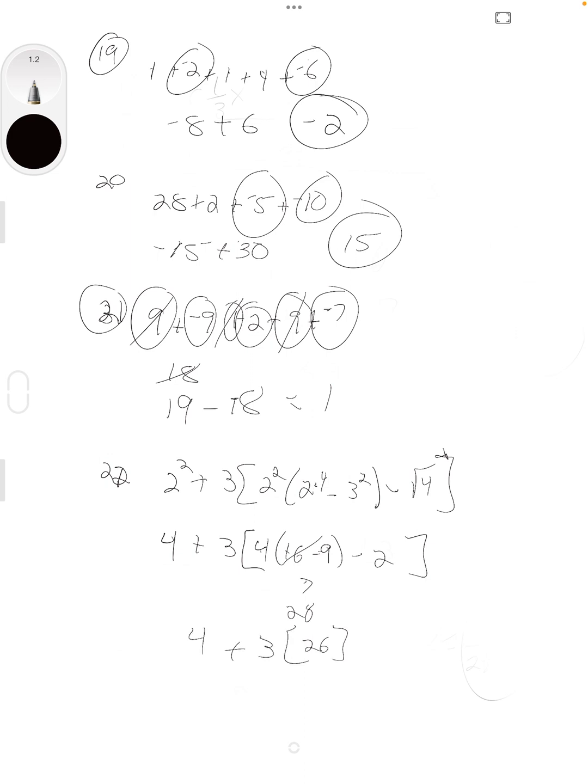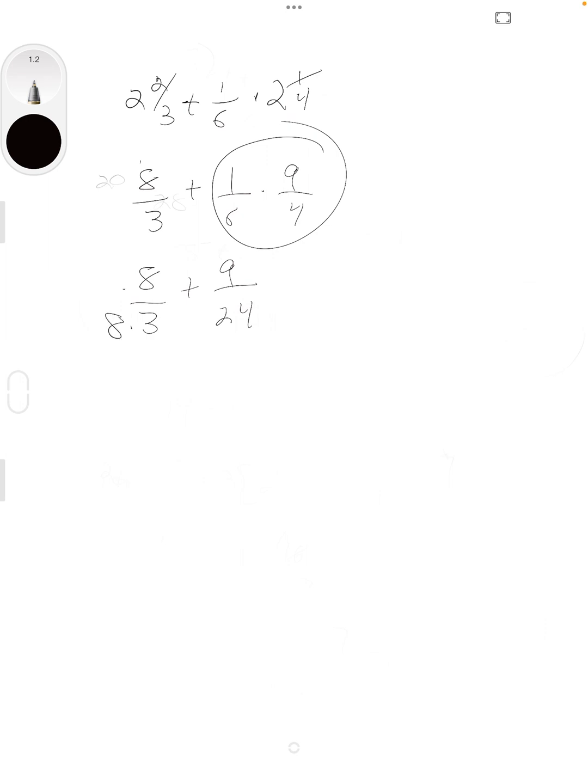So I have 4 plus 3 times 26, which is going to be 78. 4 plus 78 is 82. And that's that one. Getting there. Okay. 23, 2 2/3 plus 1/6 times 2 1/4.